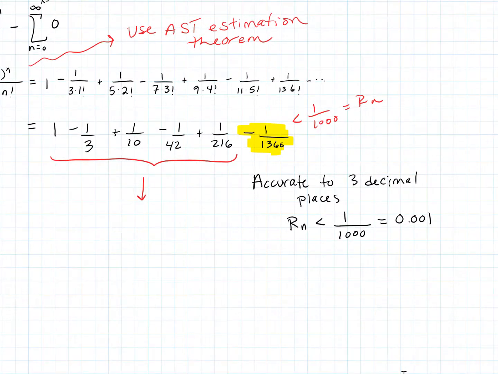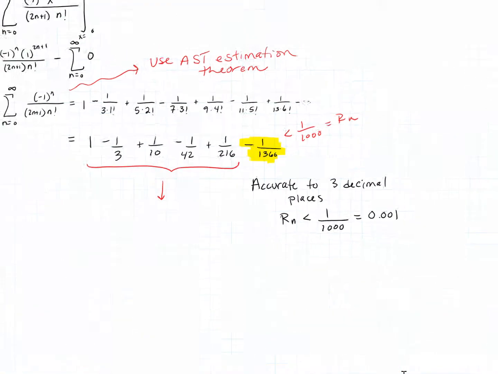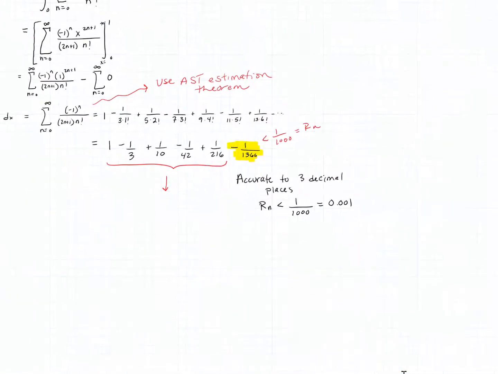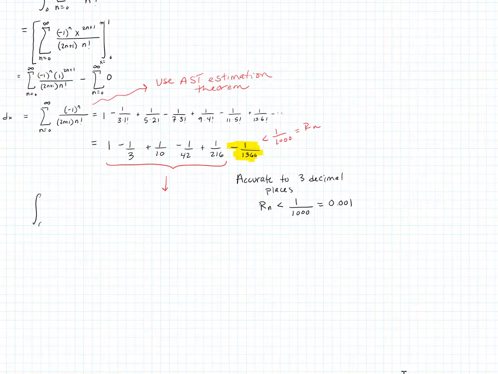So we can say that this integral, the integral from 0 to 1 of e to the negative x squared dx is approximately equal to, and when I add those up, again, I did that on the calculator as well, that becomes 0.747, and that was the first 5 terms.